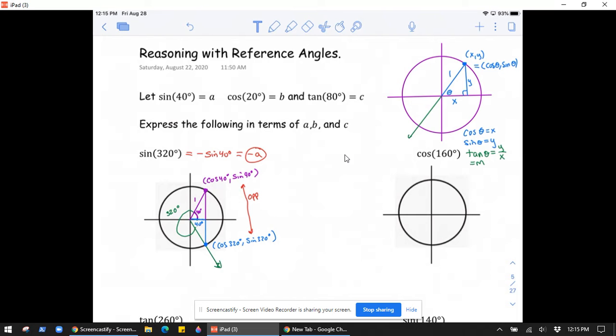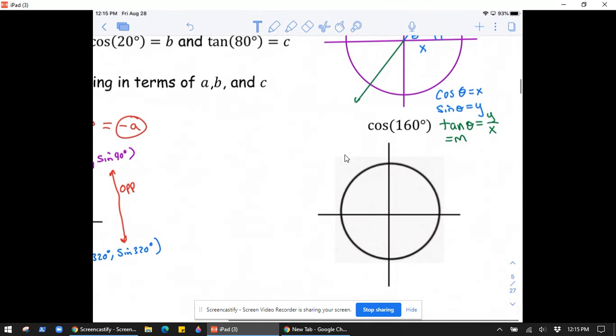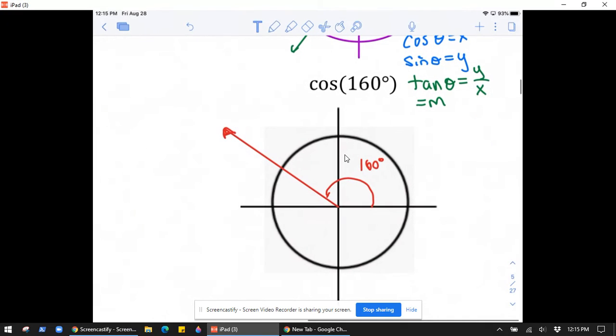Let's try the cosine of 160. So 160 takes us here, just shy 20 degrees of 180.